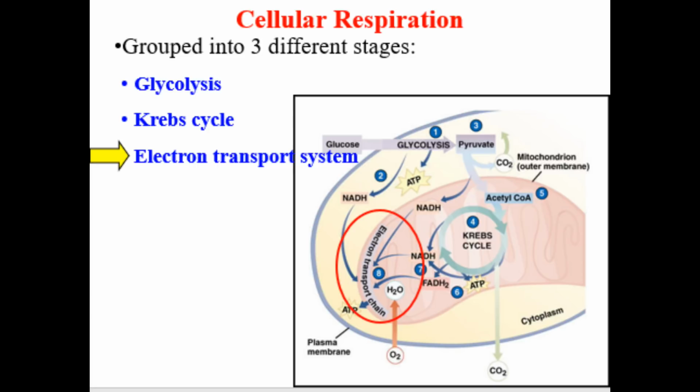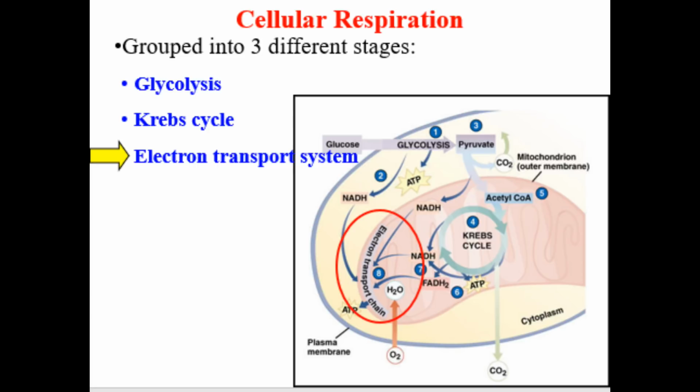The hydrogens that have come in on glucose have been taken in the form of NADH and FADH2, both in glycolysis and in preparing pyruvate to enter into the Krebs cycle.